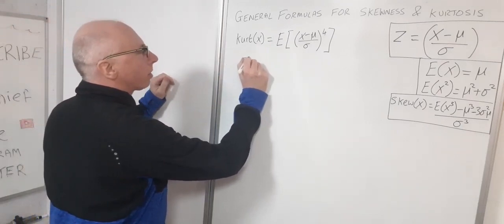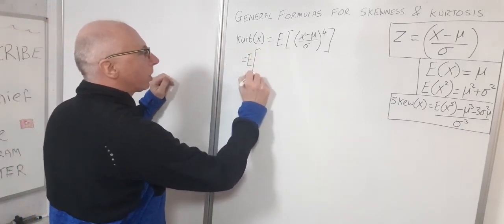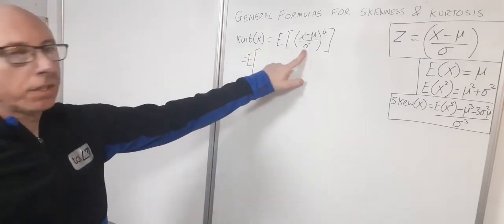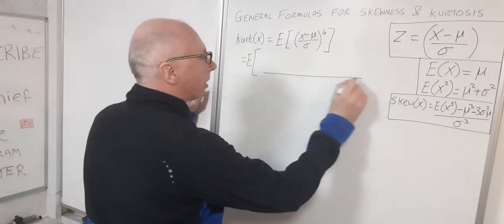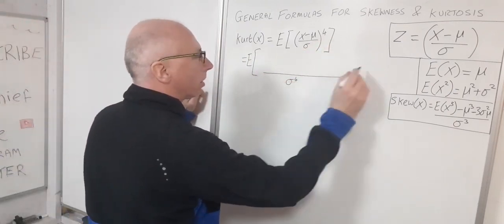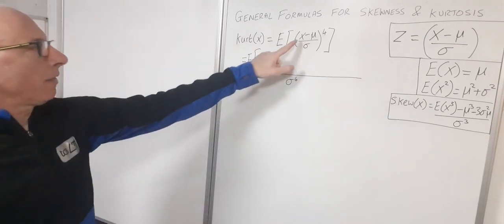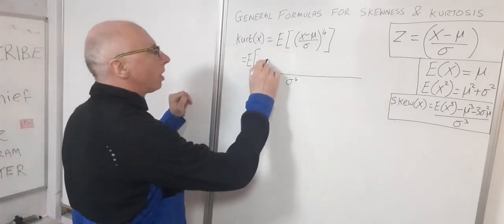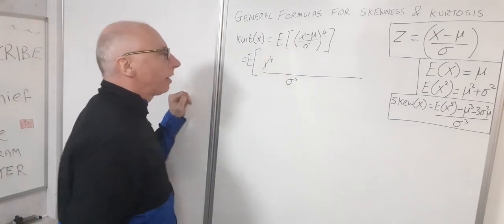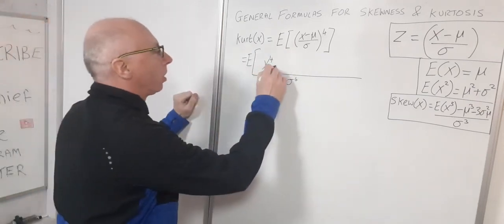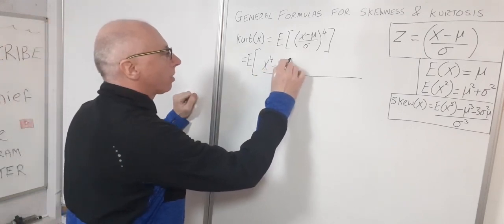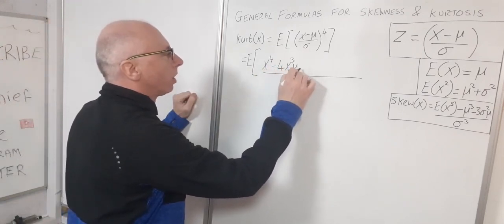So then this equals expectation. So sigma will be to the power of 4. That can stay on our denominator. And then we'll have x to the power of 4. So that will stay there. And then this time we'll have minus 4 x cubed mu.